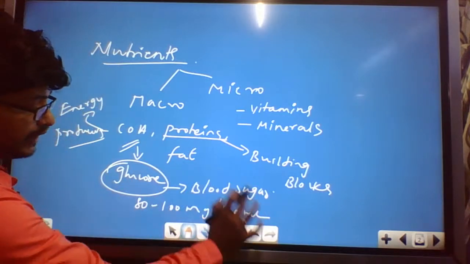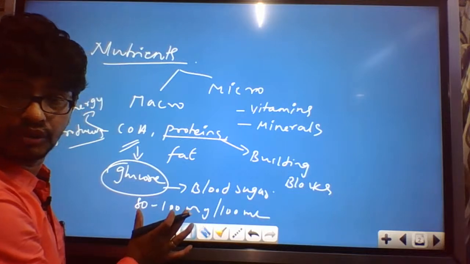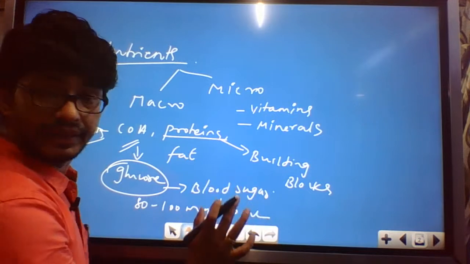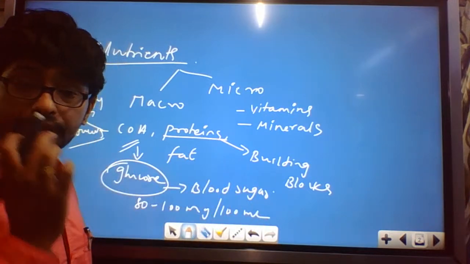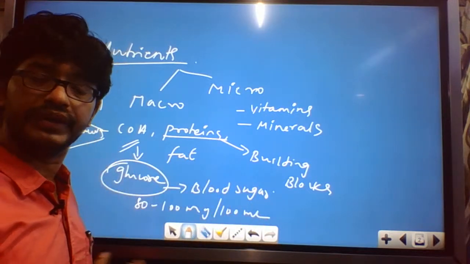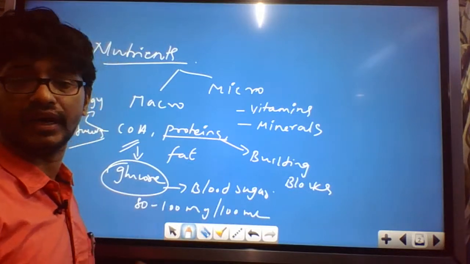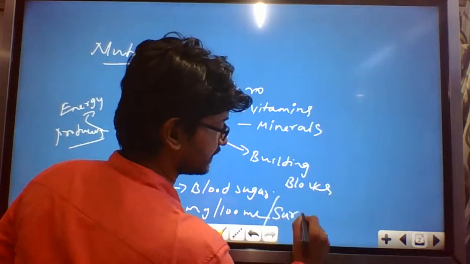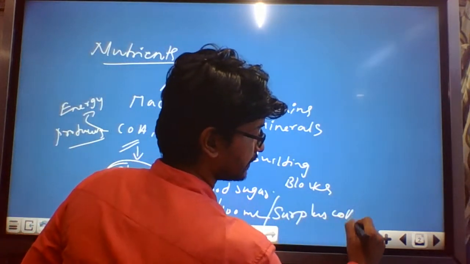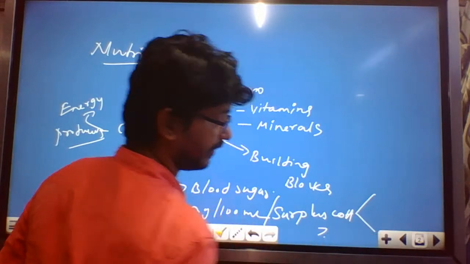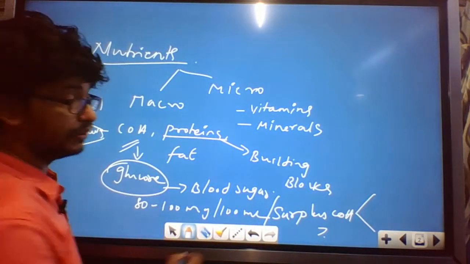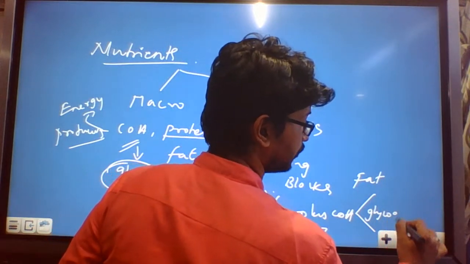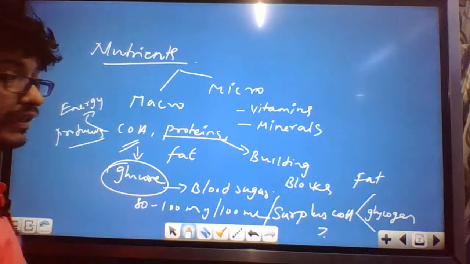The body requires only this much amount of glucose, 80 to 100 mg per 100 ml. The remaining carbohydrates we call the surplus. What is the fate of the surplus carbohydrates? They will be stored in the form of fat and glycogen.